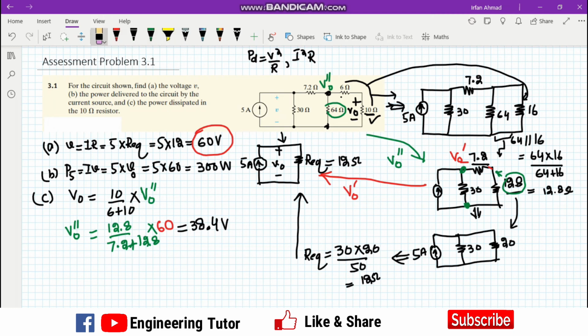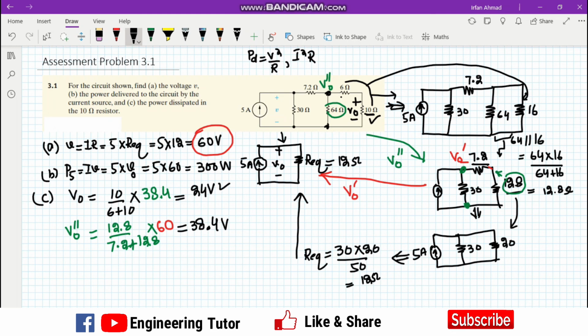Let me put it here at the location where it has to be put. This is now 38.4. So the value when it is calculated is this one, which is 24 volts. Okay, so the 24 volts is calculated now.